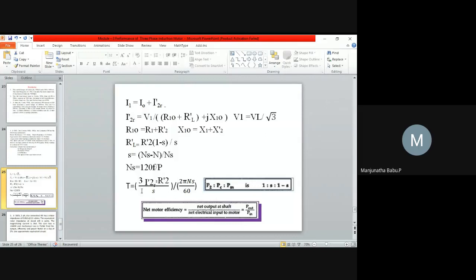So 49.14 into, that is square, R2' is 0.15, right? Yes, sir. Divided by slip 0.03. Okay, so you're getting 32.59 kilowatts.